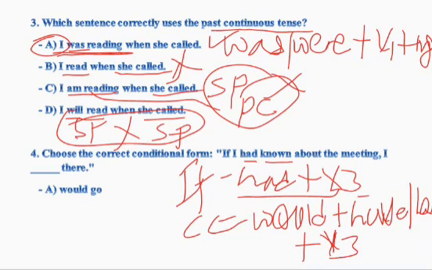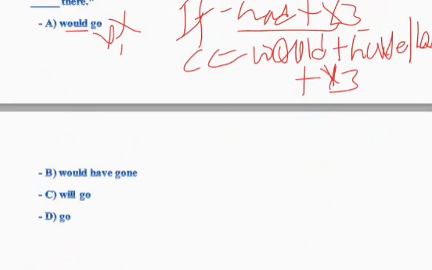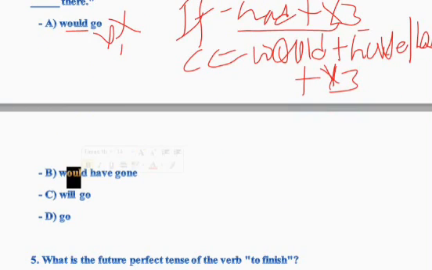So which options would satisfy this condition? A says "would go," would plus V1, so it doesn't fulfill the criteria. B, as we have just said here, says "would have," again with verb 3.